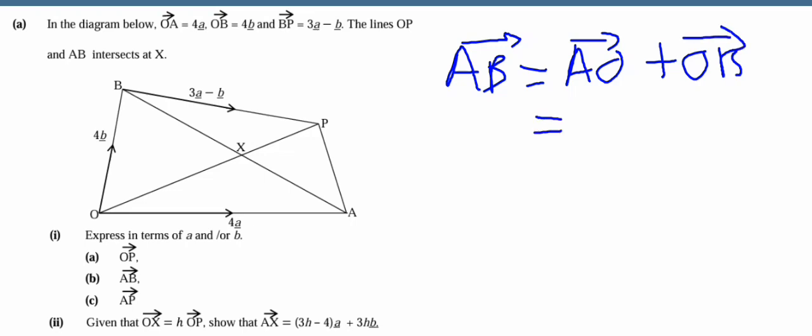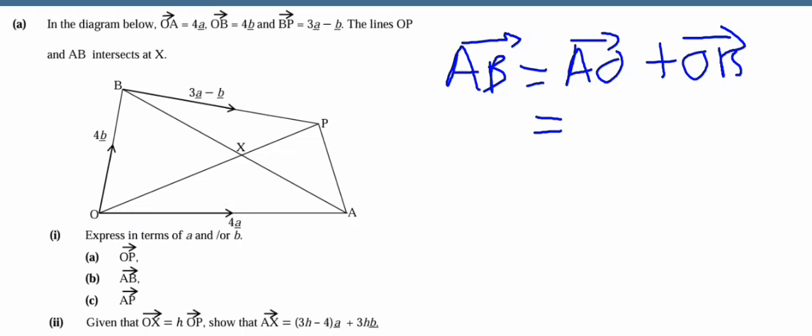Now as you can see here, as we are moving from point A up to point O, this arrow here is pointing to side A, meaning we are going against an arrow. So when you are going against an arrow, you always need to put a negative on the vector.